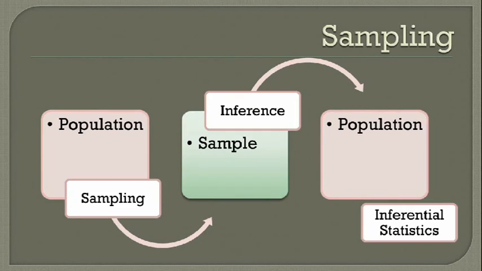Now let us see the sampling process. From the population or universe we are taking a small part which is called a sample, and the sample is drawn, so sampling is done. After that we will calculate the sample statistic.